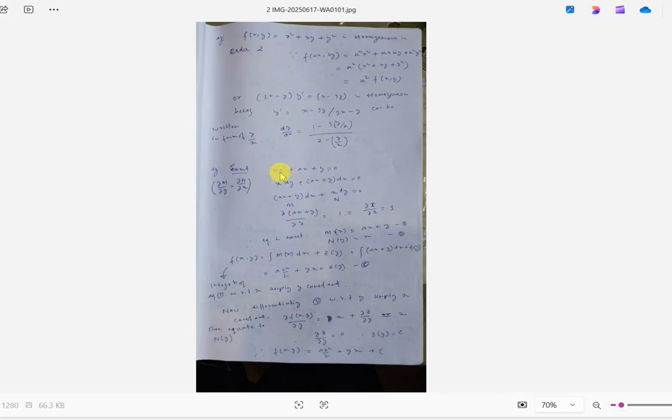Now next, we will take an example of how to find out whether the given equation is in exact form or not. To do that, we will equate it to 0. Then we know x dy plus ax plus y dx is equal to 0. How do we get that? Well, y dash means dy by dx, so it will be x dy plus ax plus y multiplied with dx is equal to 0.